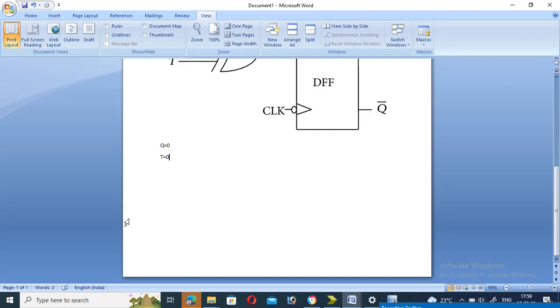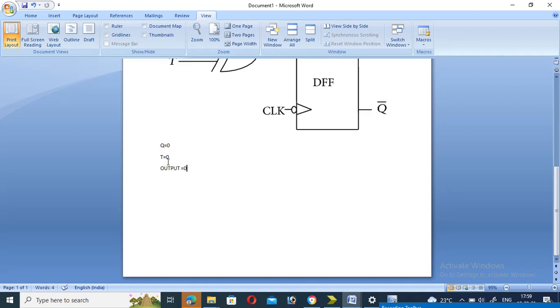An XOR gate produces an output of 1 only when both inputs are opposite. Therefore Q equal to 0 and T equal to 0 means the output is 0, which maintains the previous value.